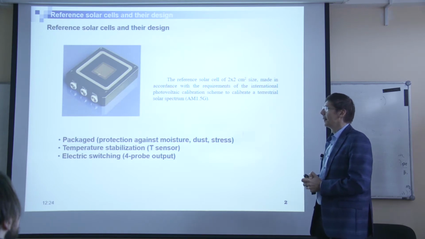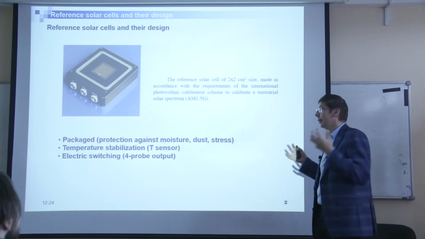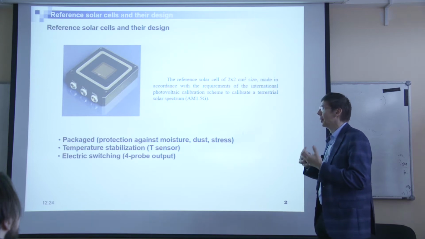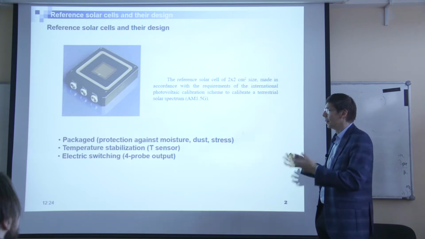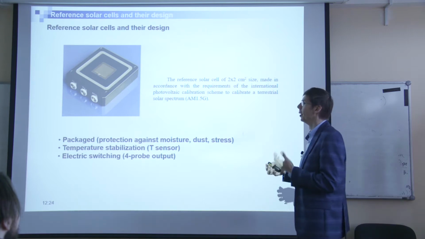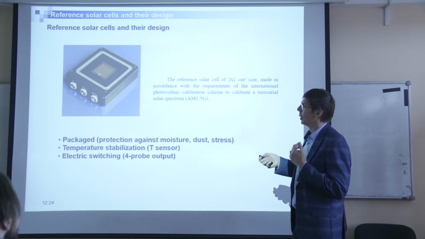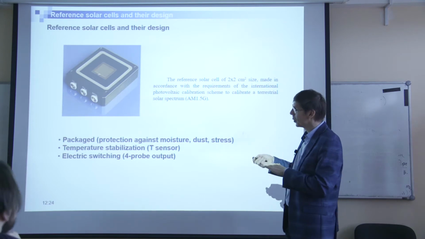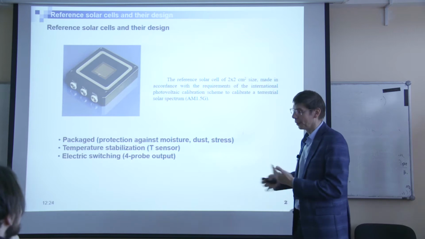Another thing: as I told you, any parameter of the solar cell depends on temperature, and you have to produce the reference condition, normally 25 degrees. To provide this condition for the reference solar cell, you have to use some temperature controller.